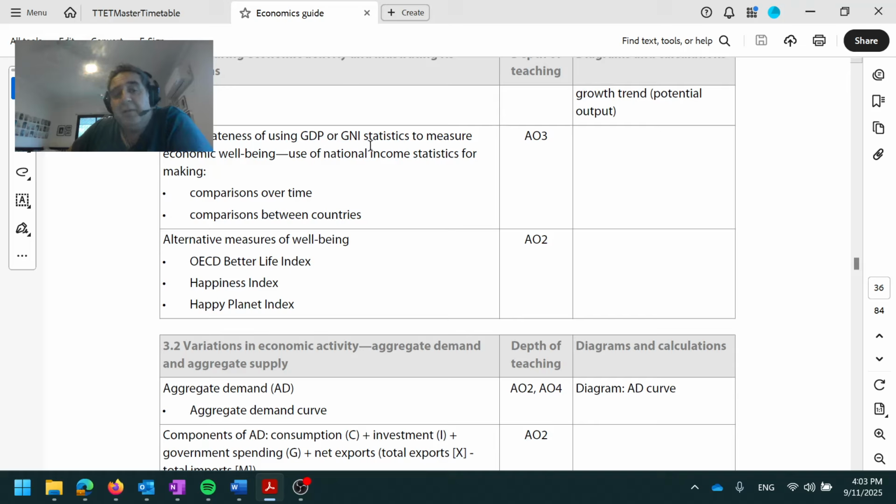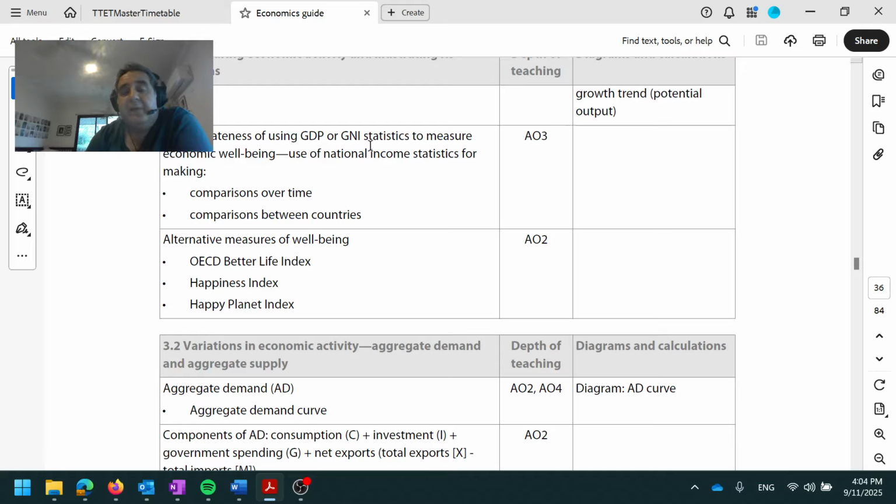So you're looking at whether or not GDP or GNI is a good measure of economic well-being. You would say the good things about it: you're able to compare things over time, and you're able to make comparisons between countries, so that's an advantage of those statistics.